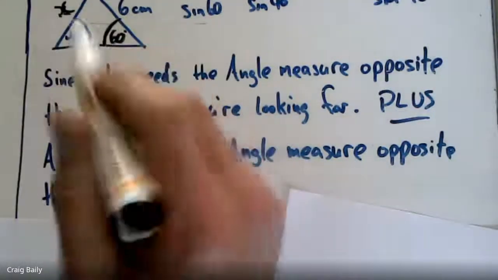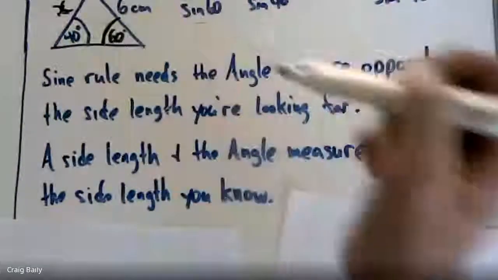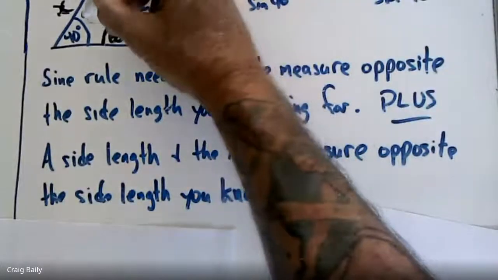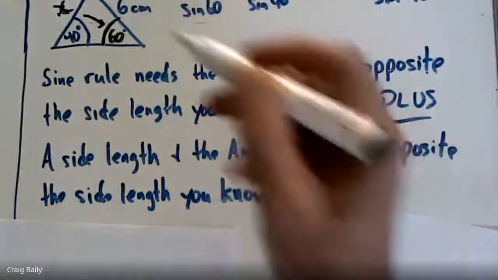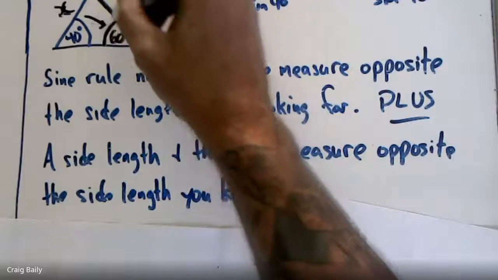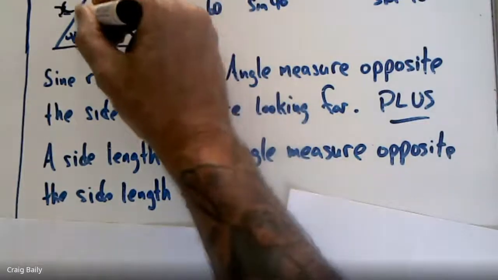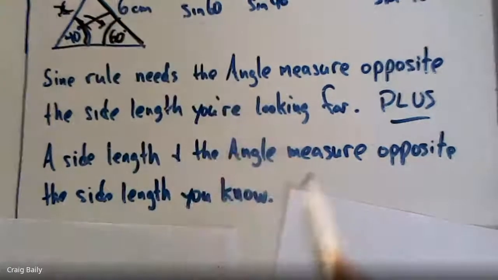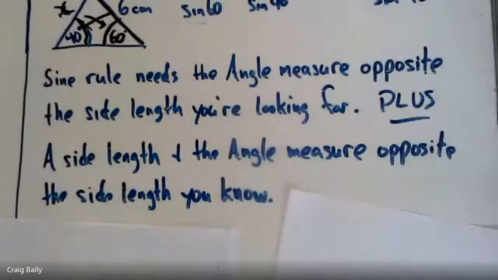So in order for me to be able to use the sine rule to find that x, I need the angle opposite it, plus I need another side length and the angle opposite from that. Because I have those things, I can use the sine rule to find the length of a side.